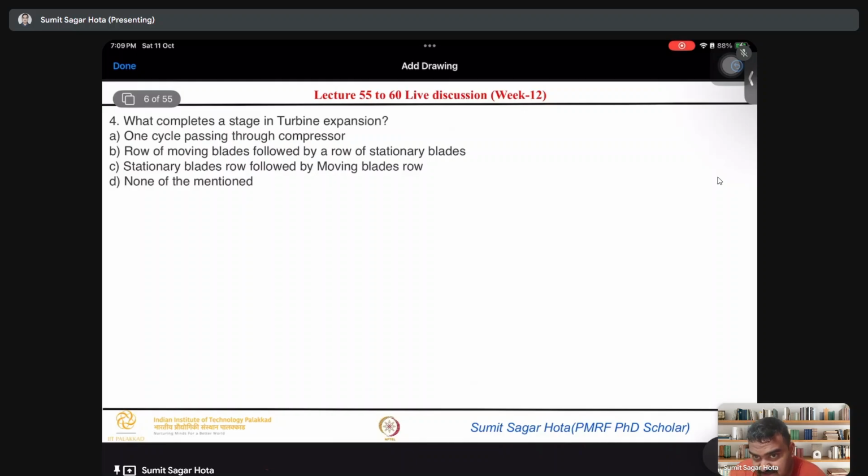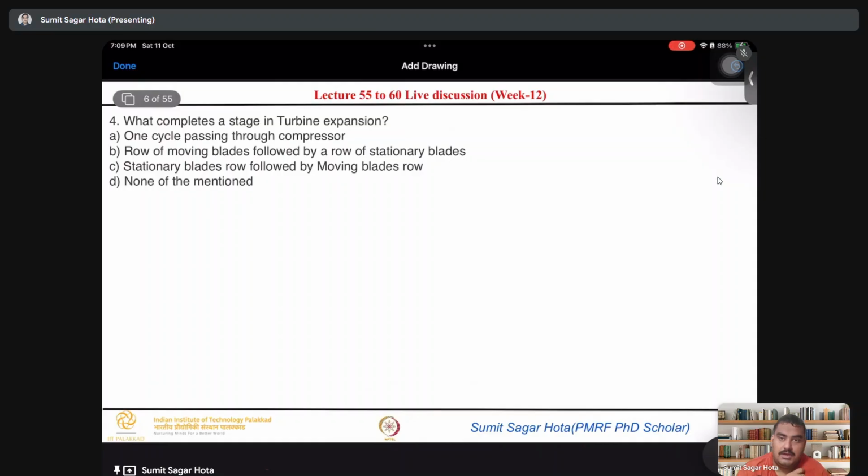What completes a stage in turbine expansion? The answer is stationary blades row followed by moving blades row.